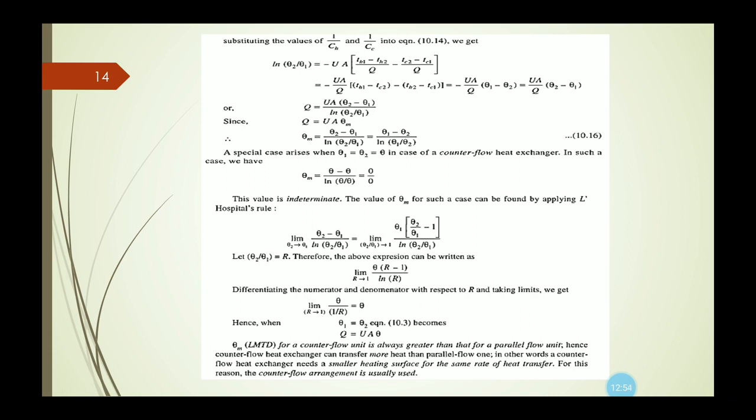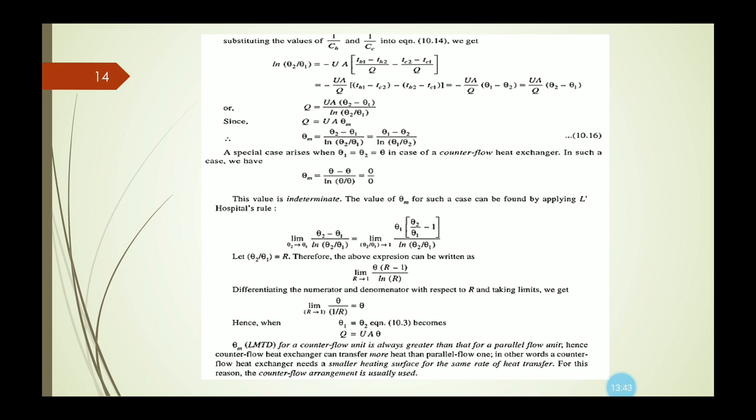Now there is another concept, the arithmetic mean temperature difference, in short written as AMTD.